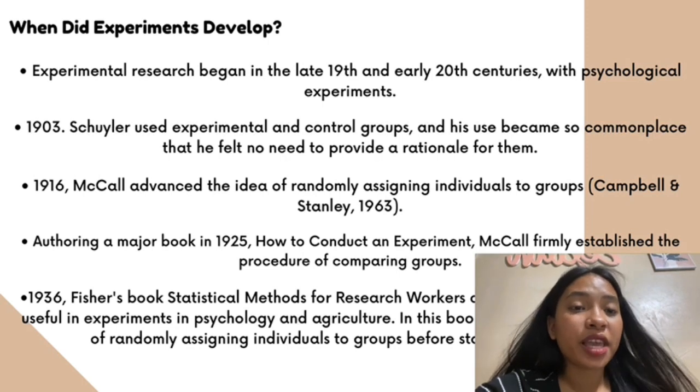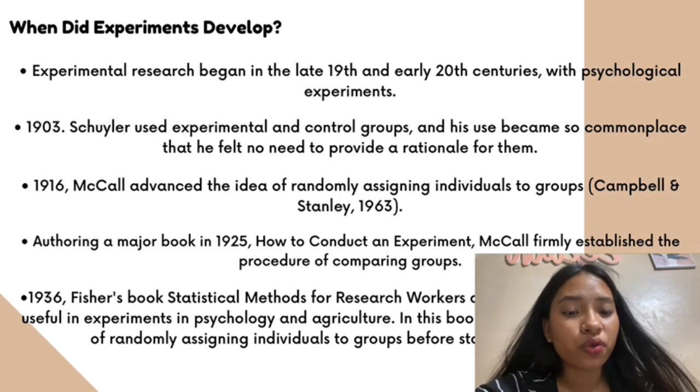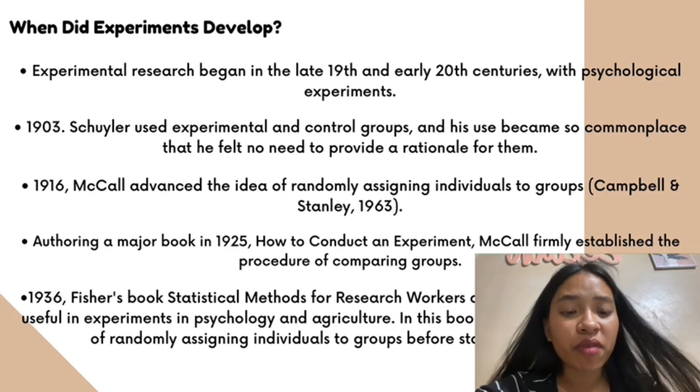When did experiments develop? Experimental research began in the late 19th and early 20th century with psychological experiments. In 1903, Schuler used experimental and control groups. In 1916, McCall advanced the idea of randomly assigning individuals into groups, authoring a major book in 1925 on how to conduct an experiment.